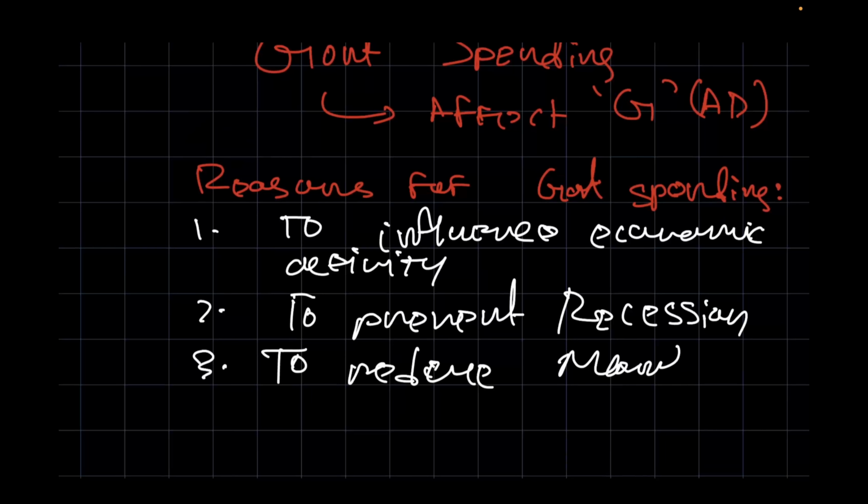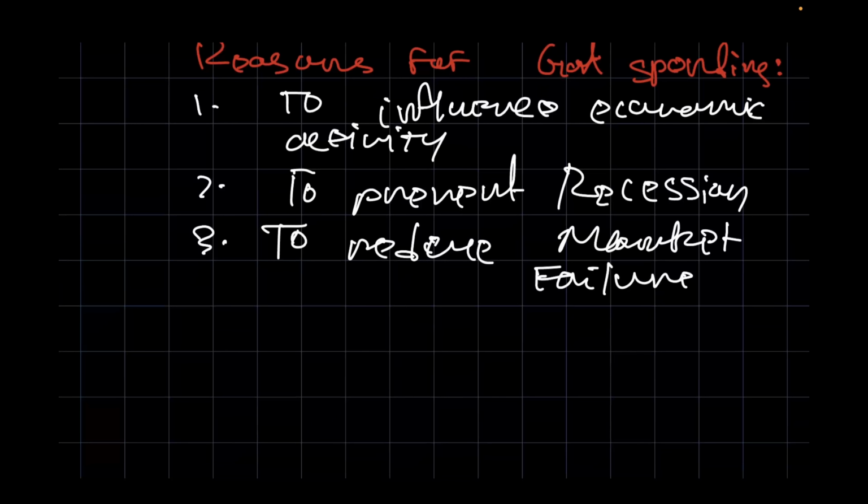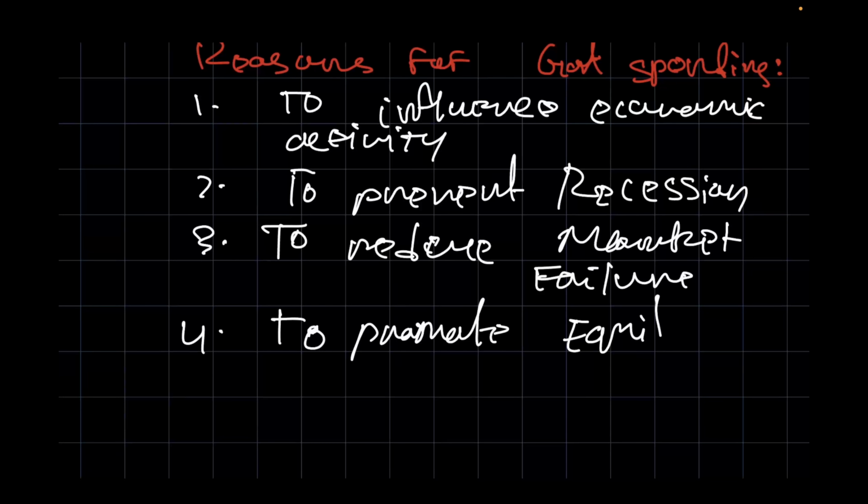So as you can notice, a lot of microeconomics and macroeconomics end up intertwining together as you go on. They begin to link, and then you can say to promote equity, because equity and equality in society is basically the goal.